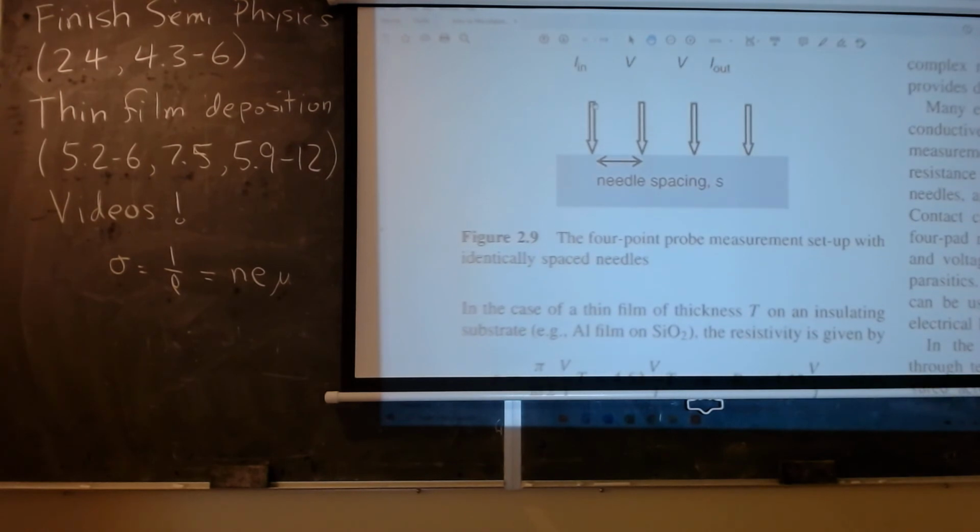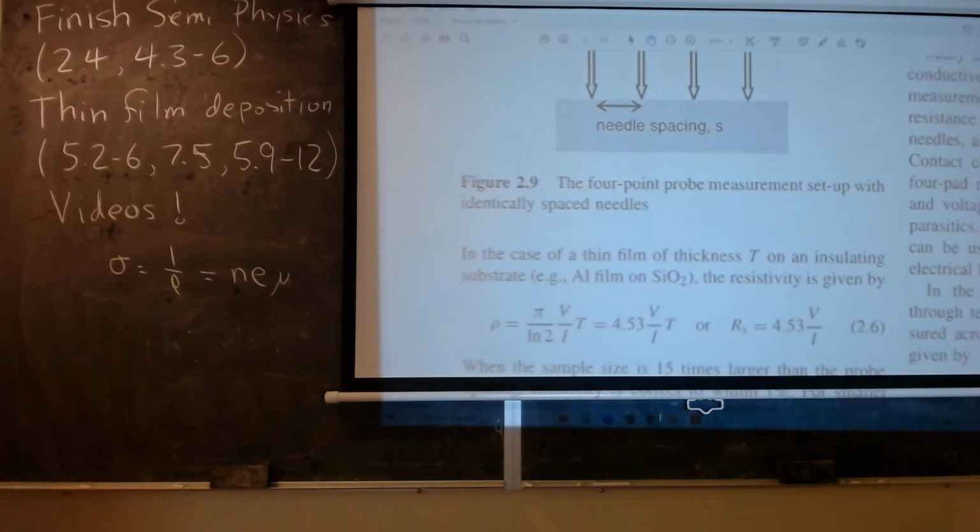Again, the outer needles are sending current into the semiconductor, and the inner needles are measuring the voltage developed across the semiconductor due to that current flowing. And then this is the formula relating how you derive resistivity from V and I, given a certain thickness of the semiconductor.